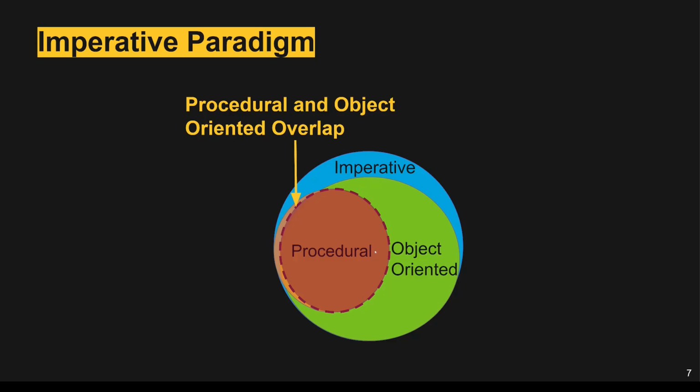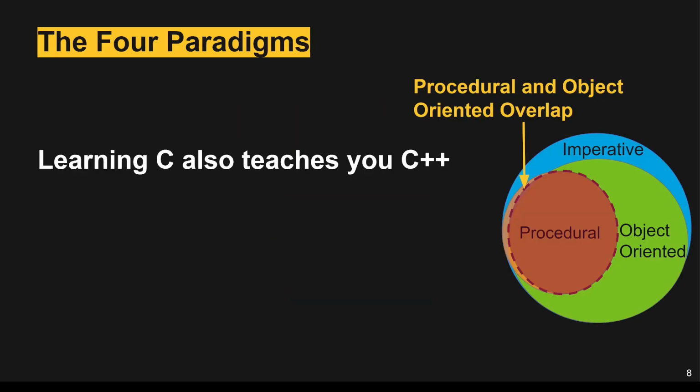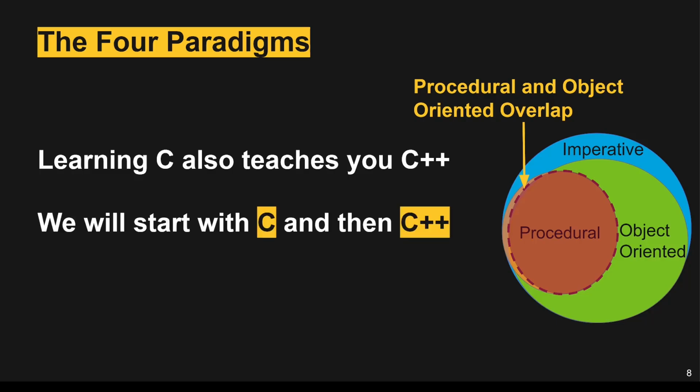Think about Java, one statement after the other, until you make some kind of function call or method call of an object that then causes it to branch and behave differently. So the nice part looking at this diagram is that we will spend quite a bit of time learning C first, but it's also going to be teaching us how to program in C++. There's a ton of overlap between the two languages. And this will make it easier to get a strong jumping off point when we jump into C++.